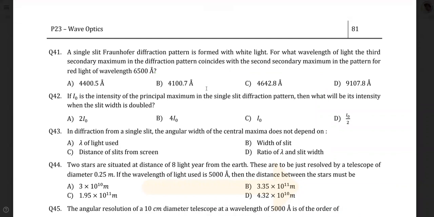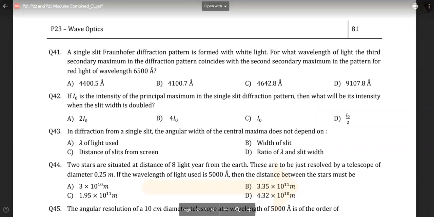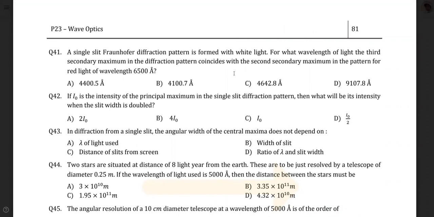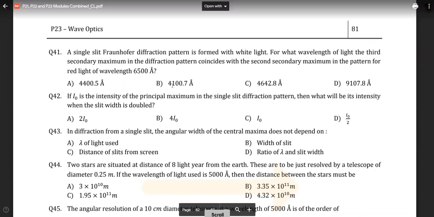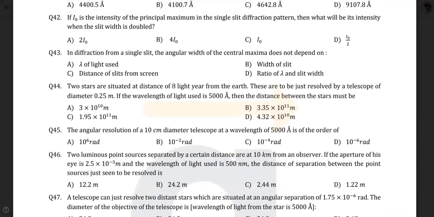Next 42. तो यहाँ पे मैक्सिमा की बात की जा रही है, बट दिस इज डिफ्रैक्शन. सो वी नो इन डिफ्रैक्शन इट इज 2n + 1, राइट? ओके, सो यहाँ पे (2n + 1) lambda 1 is equal to (2m + 1) lambda 2. सो n और m का वैल्यू दिया हुआ है, lambda 1 भी दिया हुआ है, lambda 2 निकालना है तुमको. 42 is easy, formula putting. 43 is also theory, we know that.